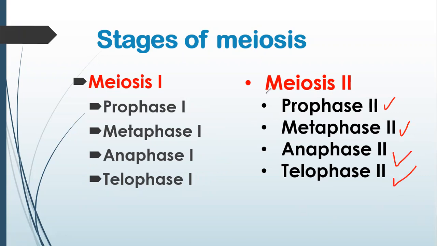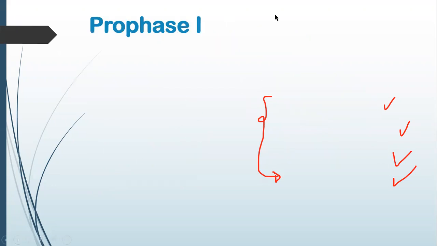And if I give you a cell, you need to identify that this cell is in anaphase 2 of meiosis, or this cell is in anaphase 1 of meiosis. Okay, so are you ready with the quiz? I guess so. So now let's see what prophase 1 is about.